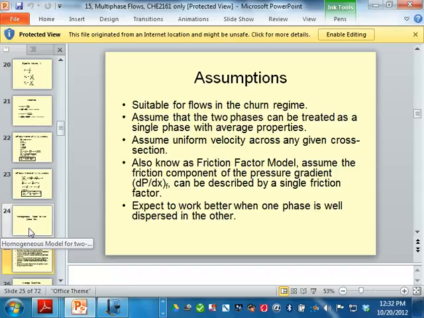We assume the two phases can be treated as one phase, with some uniform velocity at a given section. Also known as the friction factor model, it assumes the friction component of the pressure gradient can be treated with a single friction factor. Expect it to work better when one phase is dispersed in the other. It means one phase is the dominant one: one continuous phase and one dispersed phase.